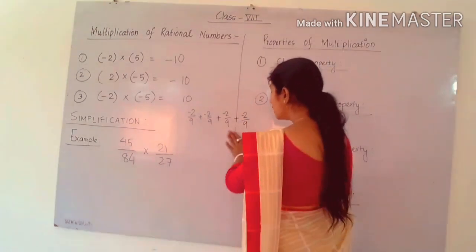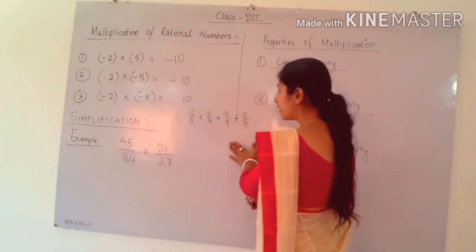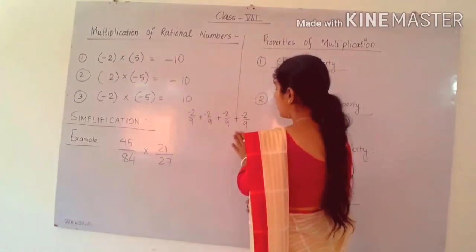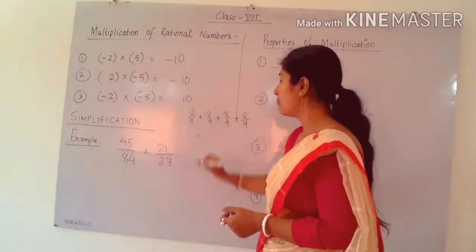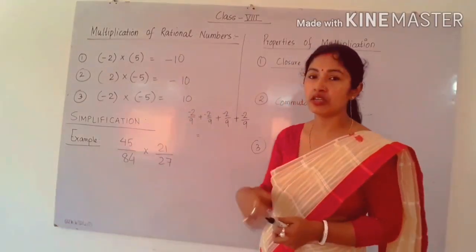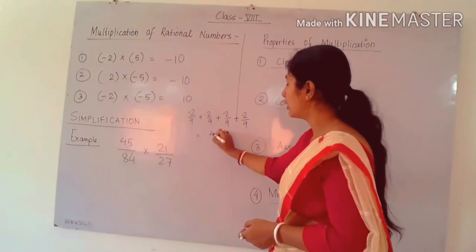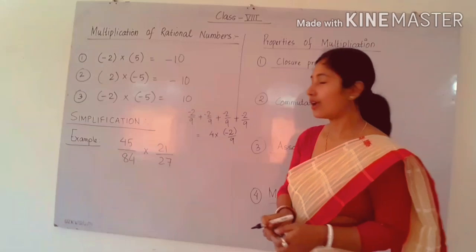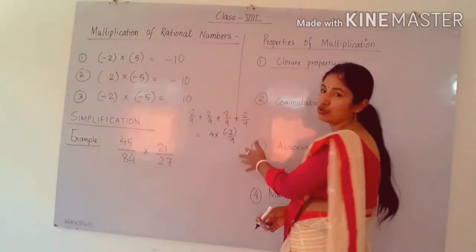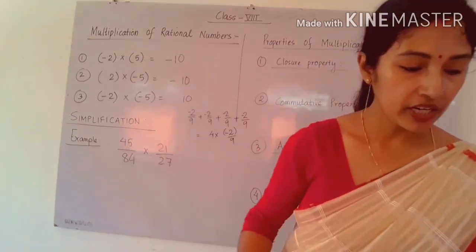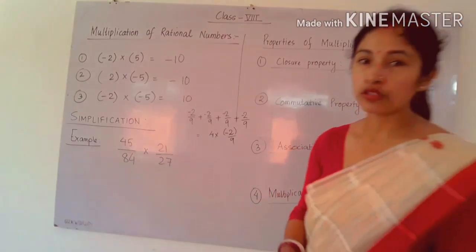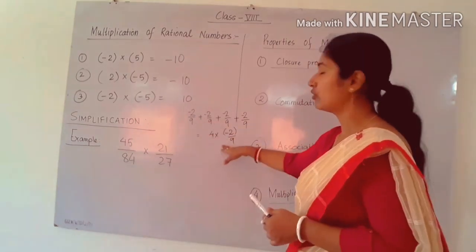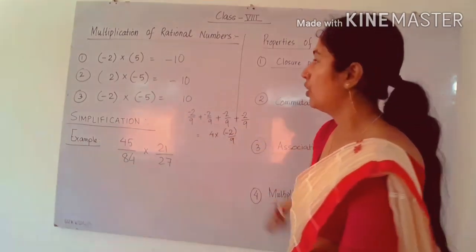Here no need to take the LCM, no need to do this. You can simply apply multiplication. Here minus 2 by 9 is present 4 times, so you can write 4 into, here I am putting the bracket, minus 2 by 9. So multiplication is the process of successive addition. Whenever we are adding the same number, we can use the multiplication method directly.